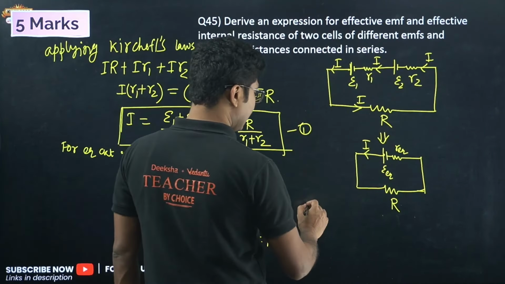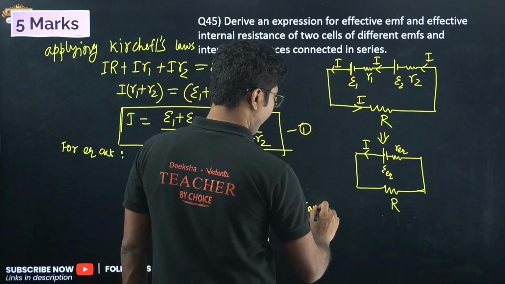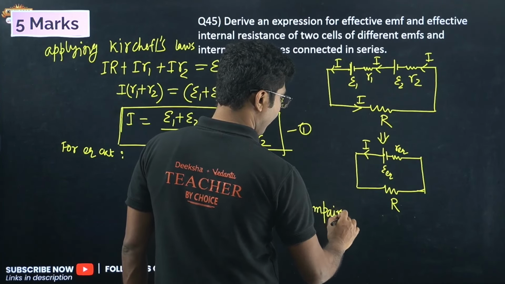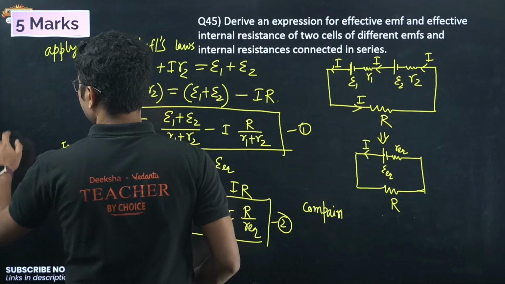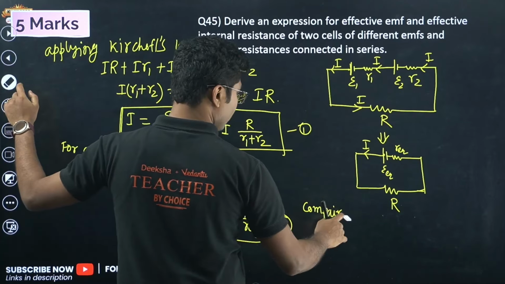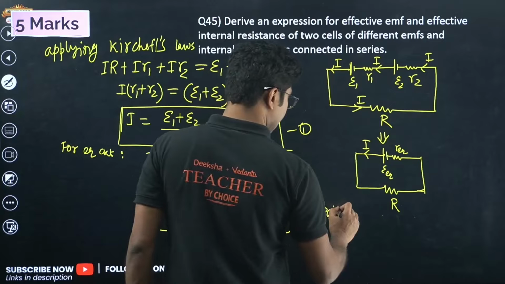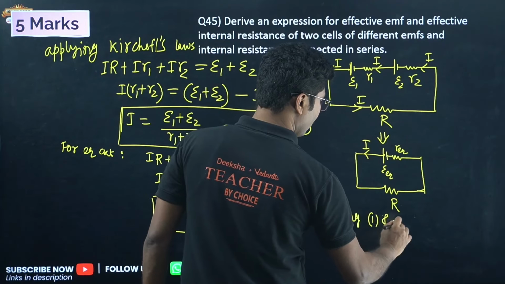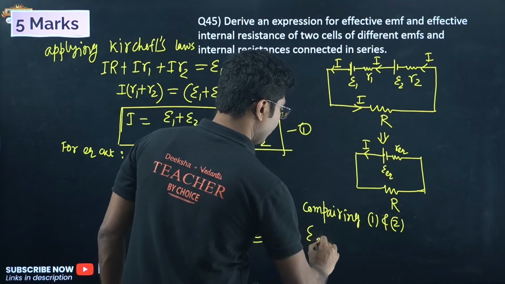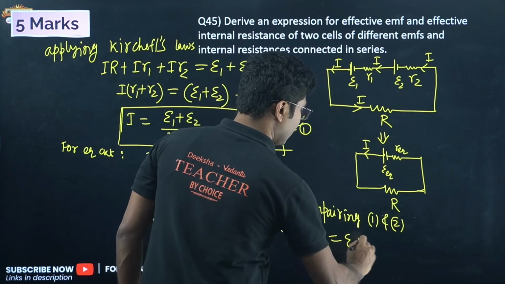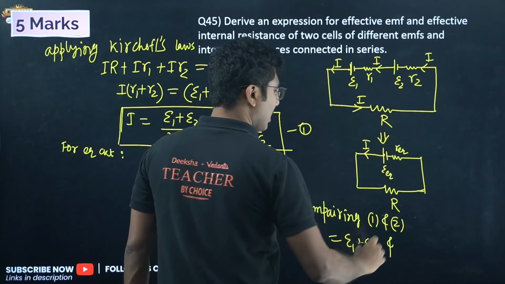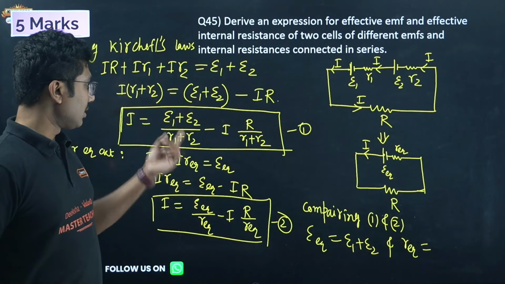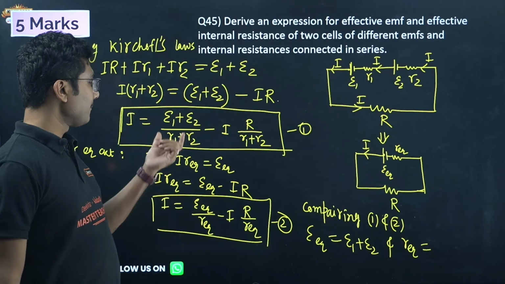Comparing 1 and 2, obviously epsilon equivalent is epsilon 1 plus epsilon 2, and R equivalent is R1 plus R2.